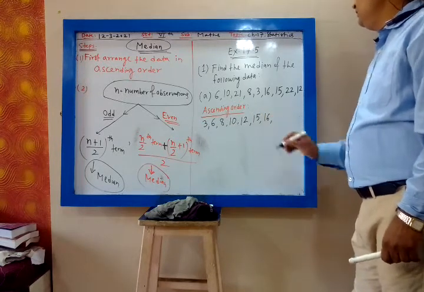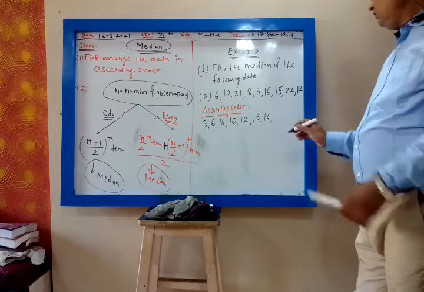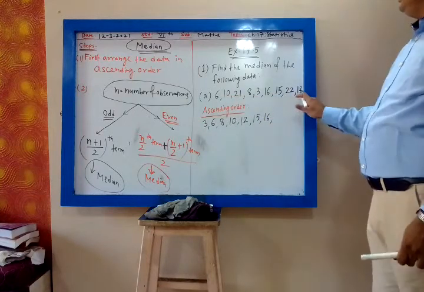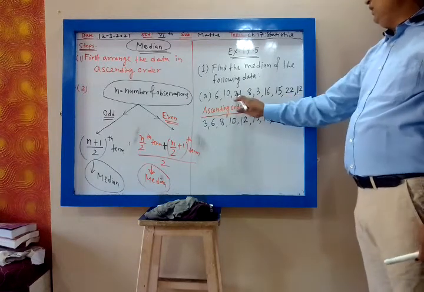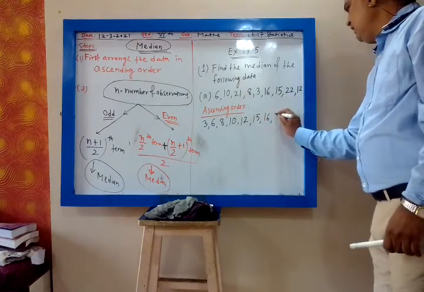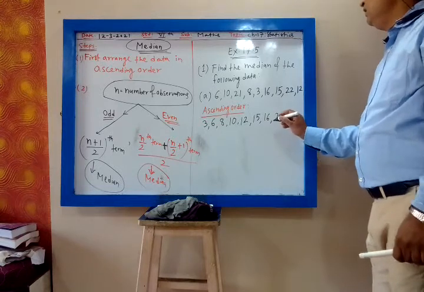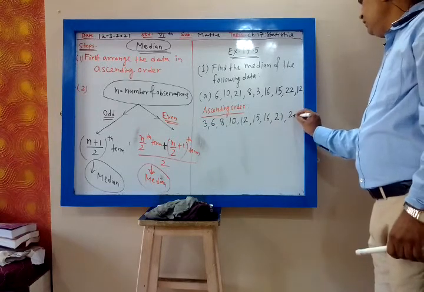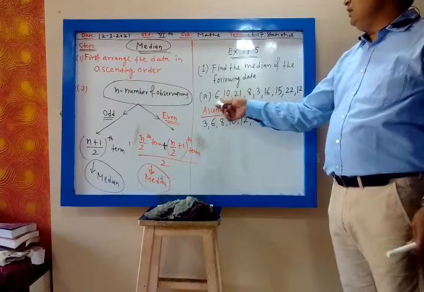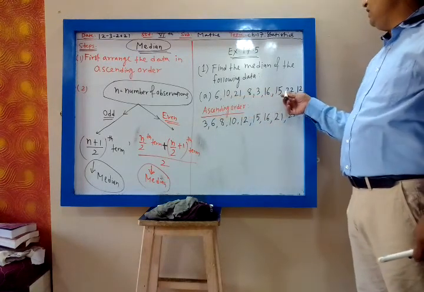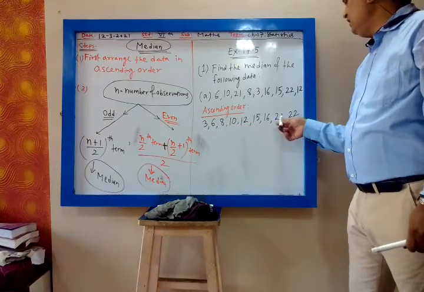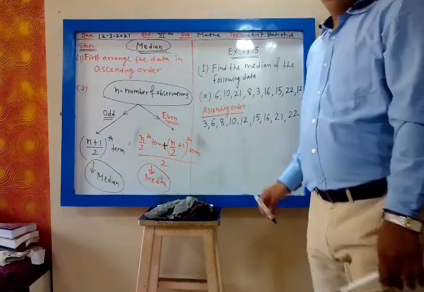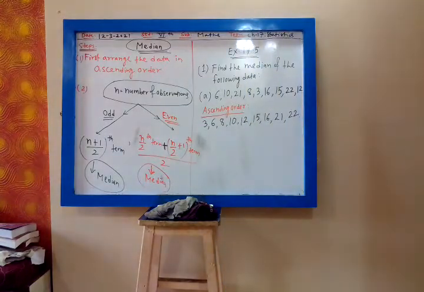After 16, there is no 17, my dear. 21. Then 22. How many numbers are there? 1, 2, 3, 4, 5, 6, 7, 8, 9. So we have written the data in ascending order. That first part is over.